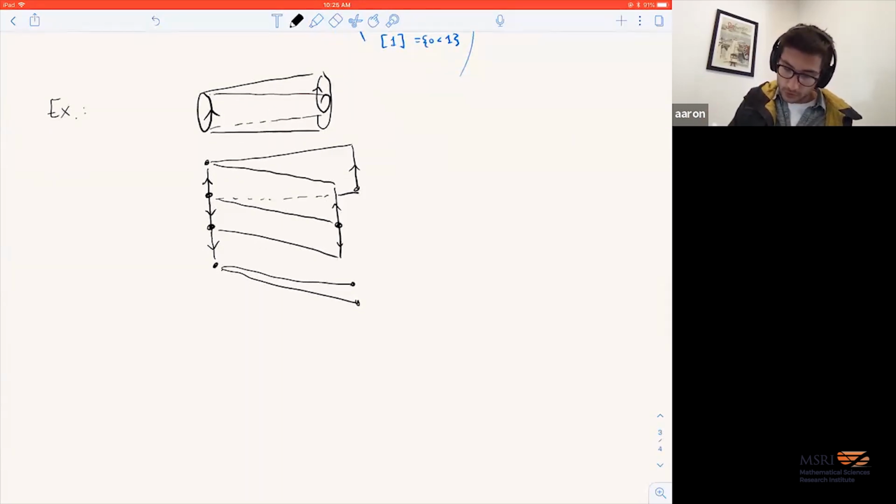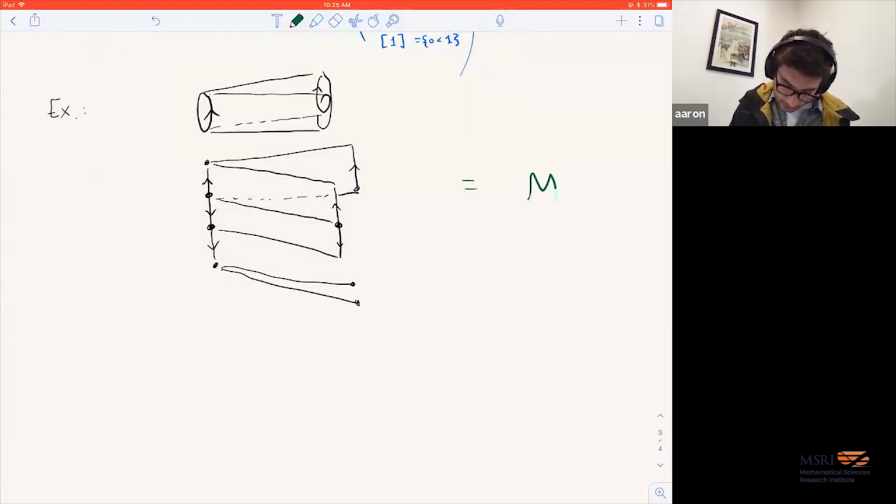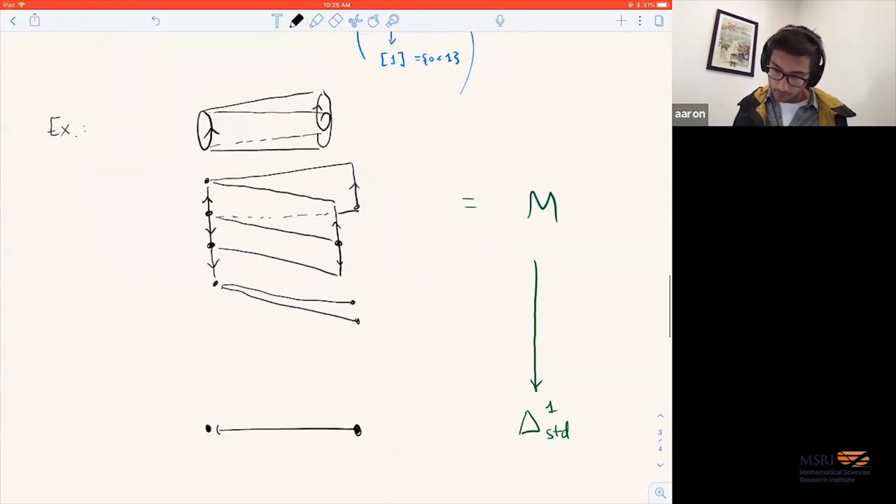Okay, so this is my M, and M is supposed to project down to this standardly stratified 1 simplex, which I'll just draw again. It's here and there. So again, this is a constructible bundle, which means there are 2 strata here. There's the 0 stratum and the 1 stratum. And again, constructible means that it has to restrict over each stratum as just a fiber bundle.